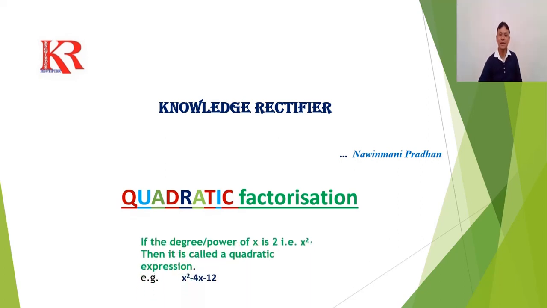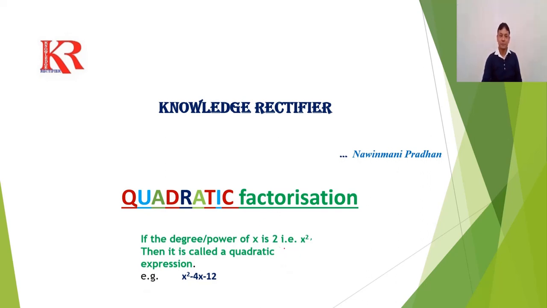Now, what is a quadratic expression? That I have already told you in the previous lesson. A quadratic expression is an expression where the power of the variable x is always 2. If the degree or power of the variable x is 2, then that is what is called a quadratic expression.